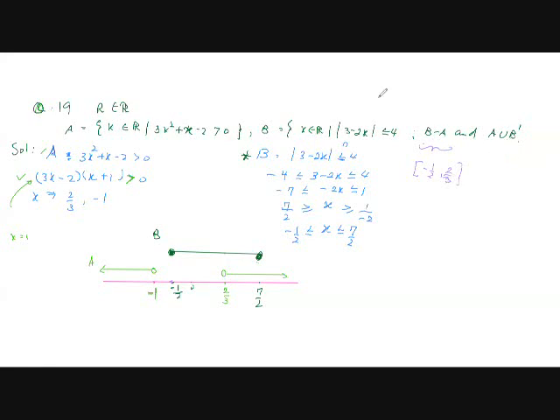And for A intersect B complement, you can see everything. Right now this is B, so B complement should be everything left behind, beside B. So A intersect B complement, A comes first, so it should be this area, right?